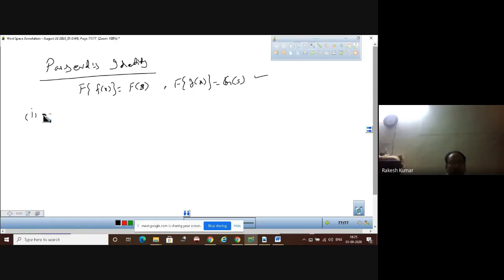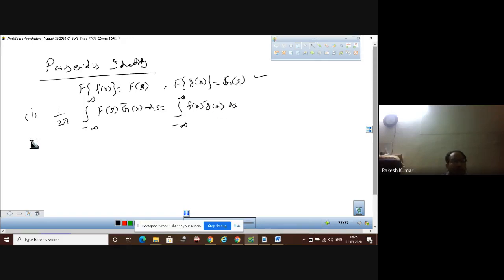Then we shall prove in the first part: 1 upon 2 pi integral from minus infinity to infinity of f of s into g bar s ds is equal to integral from minus infinity to infinity of f of x into g bar x dx.